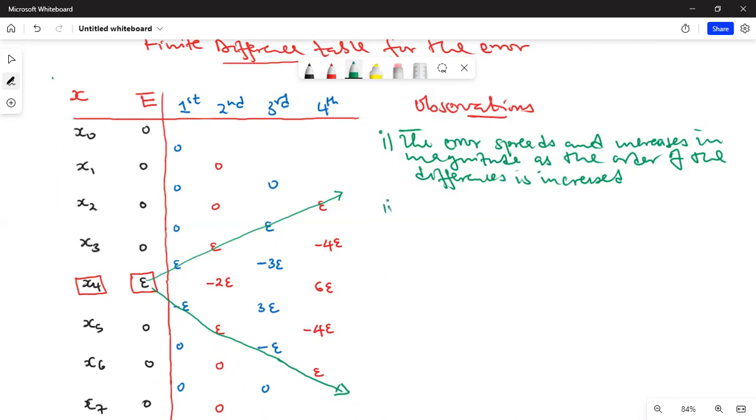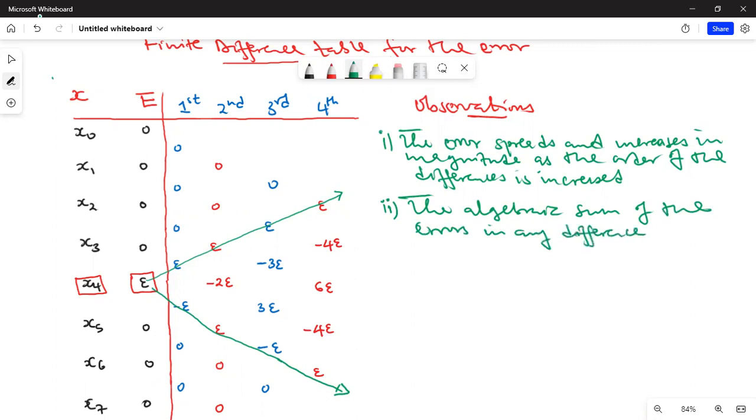Another observation that you can make from this analysis is that the algebraic sum of the errors in any difference column is 0. What I mean is this. Look at the first column. You see this one was negative.